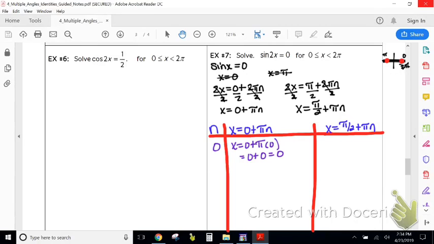And we get 0. Is that between 0 and 2 pi? Is the 0 included? Yes. Okay, plug in 0 for the second one. And we got pi over 2. Is pi over 2 between 0 and 2 pi?